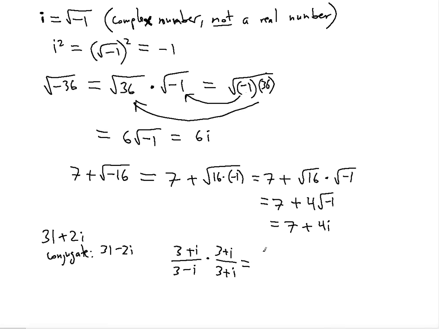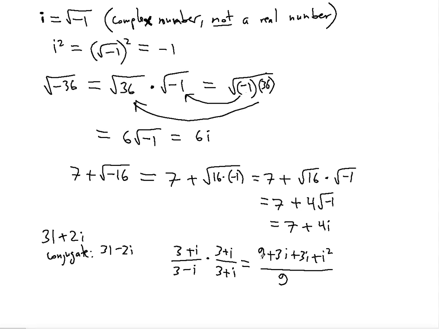So now we use the FOIL method, so we're going to get 9 plus 3i plus 3i plus i squared, right? And on the bottom, we're going to have 9. And notice that the middle terms go away. That's why we're using the conjugate, to have only real numbers and no complex numbers. Oh, sorry, this looks like a G, doesn't it?